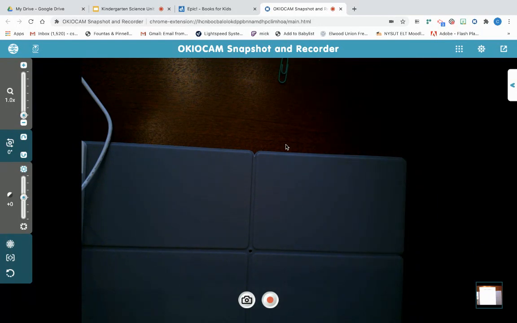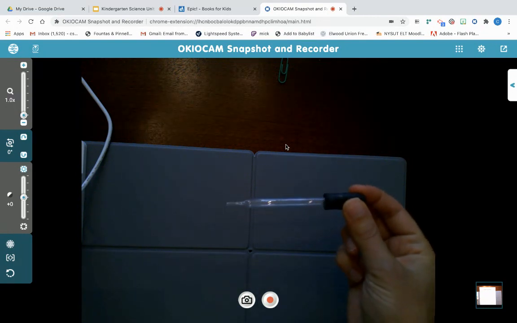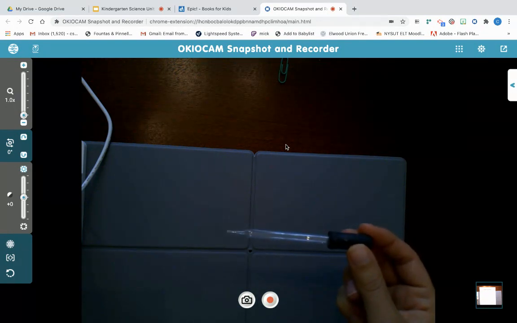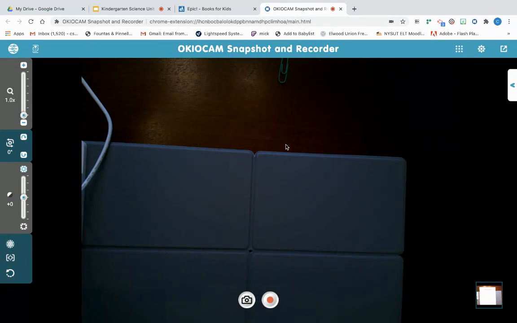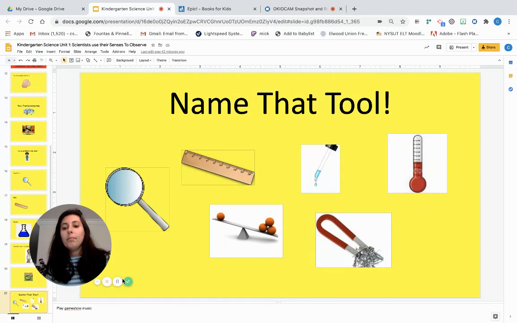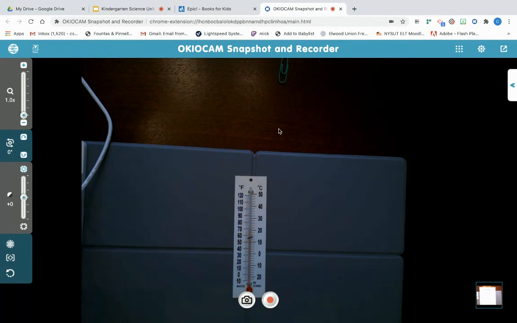Let's see what our next science tool will be. Here it is. All right, let's see if you can name this tool.